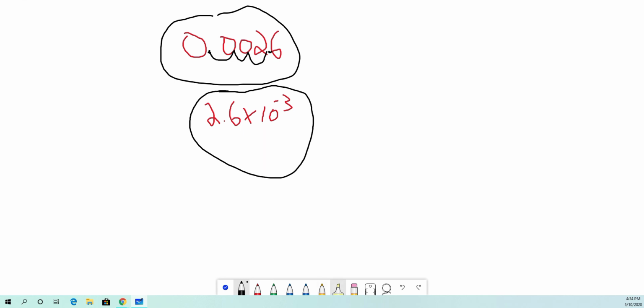We're going to look at one more example. We're going to look at a really small number. We're going to look at 0.0000875.